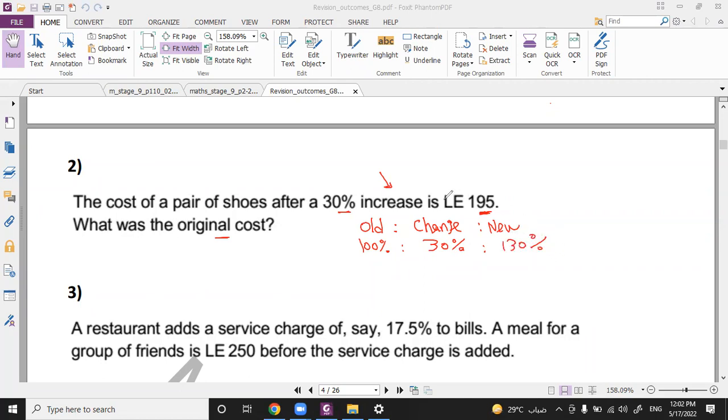So 195 is going to be written in the new price. So what is the cost price? We will do cross multiplying. So 100 times 195 divided by 130 equals what? 150. 150 pounds.